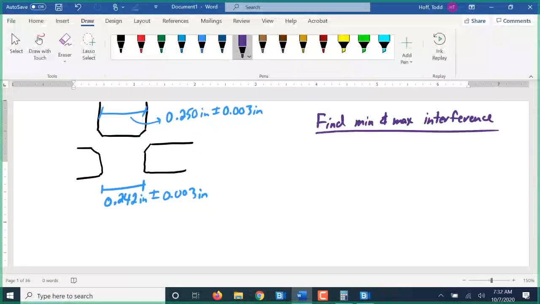So take a few minutes, figure that out for me, and then we'll go over it.